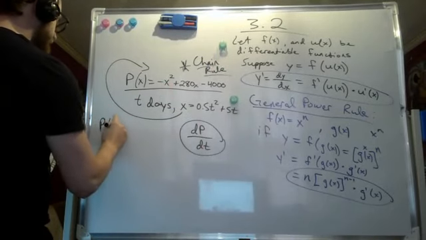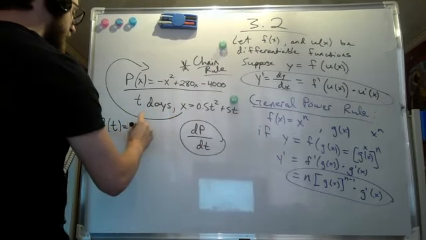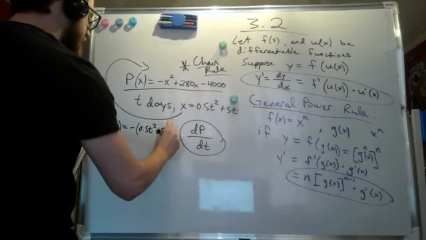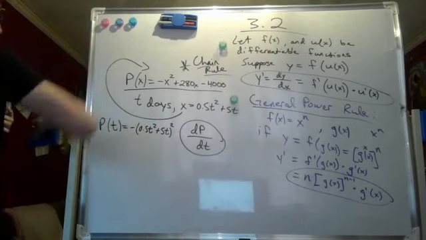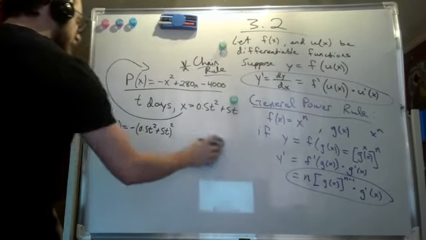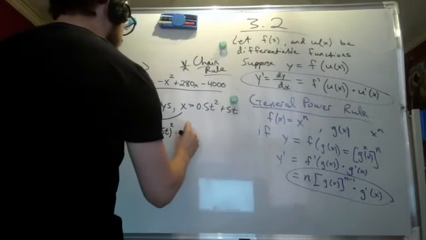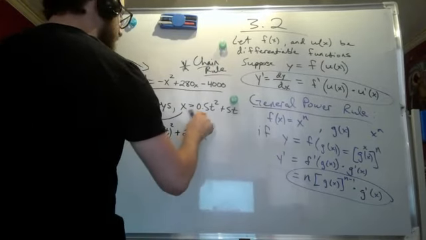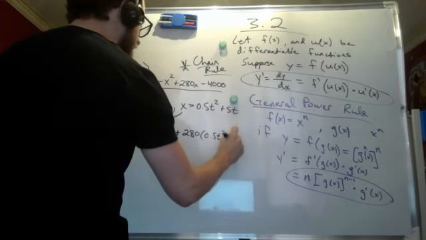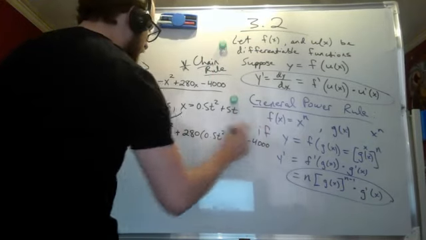So P of t is equal to negative, make sure you have this wrapped in parentheses, (0.5 t squared plus 5t) squared, plus 280 times x, so plug this function in again, (0.5 t squared plus 5t), minus 4,000.